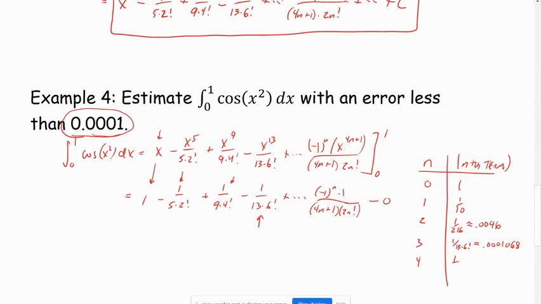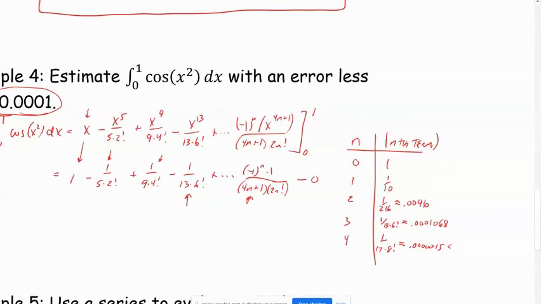So now it's going to be 1 divided by, when n is 4, then this number in the bottom, 4n plus 1, that's 17, times 2n factorial, so that's 8 factorial. And that is about 0.000015, which is definitely less than the error that we're looking for, 0.0001.